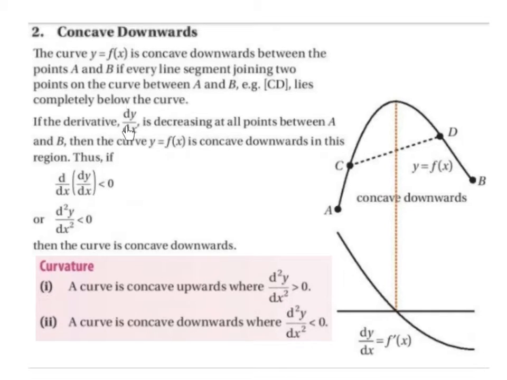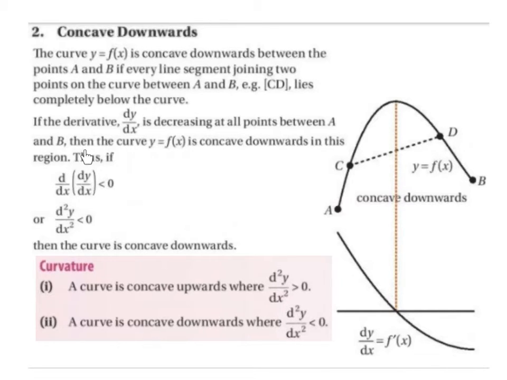If the derivative dy/dx is decreasing at all points between A and B, then the curve y equals f of x is concave downwards in this region. So here we have dy/dx, the derivative, and it is decreasing, it's going downwards.